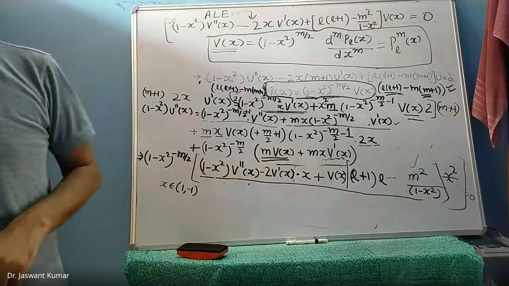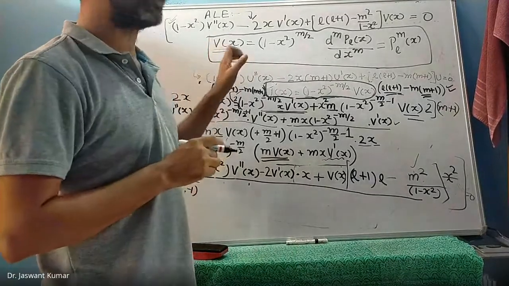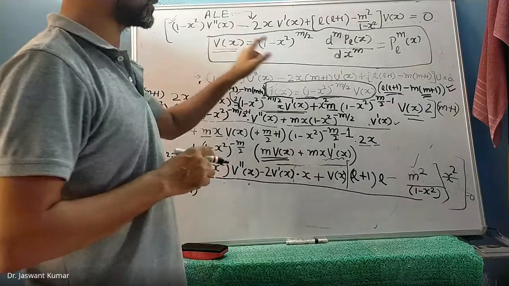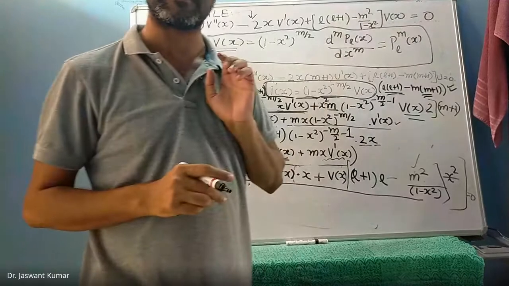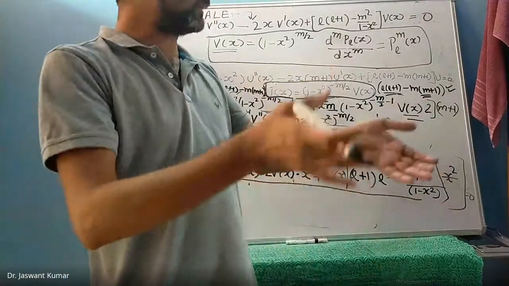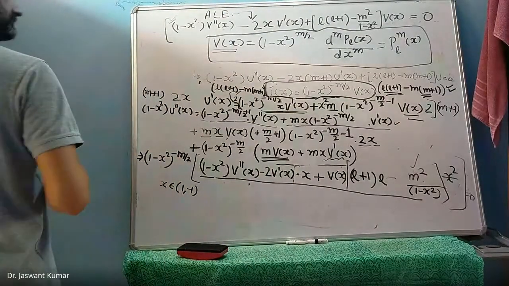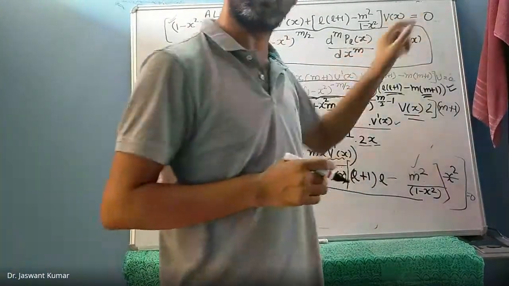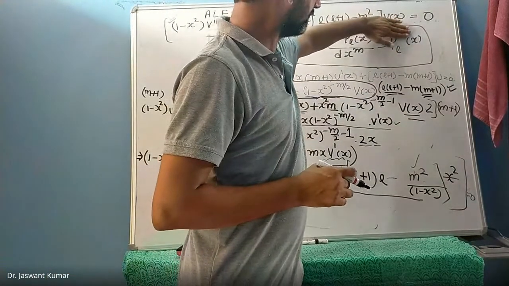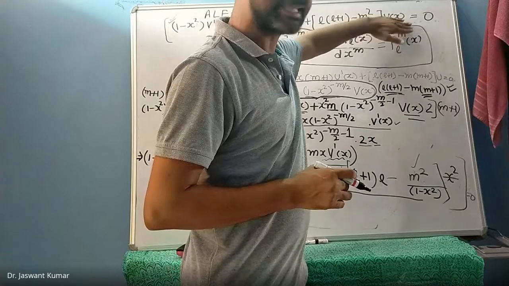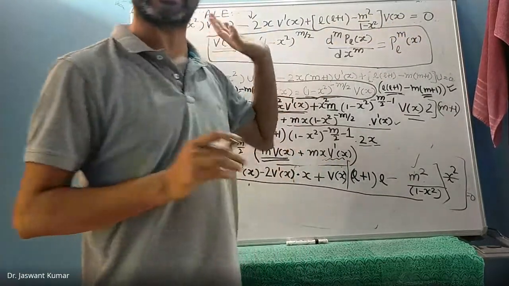The common practice is that we write the solution of the associated Legendre equation as P lower L upper M of x. And this is written so because if we put M equal to 0, then this P lower L upper M of x reduces to P_L of x.